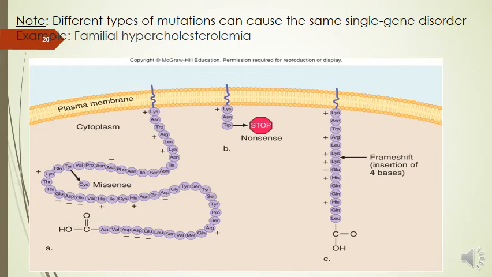A cysteine substitutes for a tyrosine, altering the receptor enough to impair its function. The short LDL receptor in B results from a nonsense mutation in which a stop codon replaces a tryptophan codon, and in C, a 4-base insertion adds an amino acid that then alters the reading frame. Plus and minus indicate electrical charges on the amino acids.